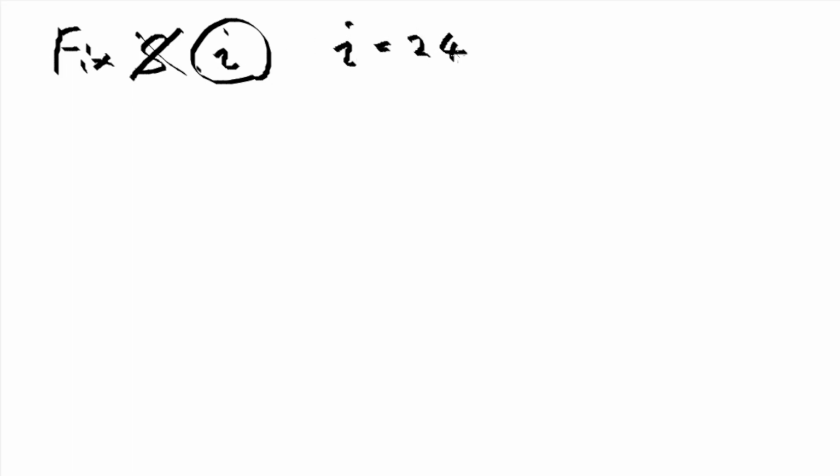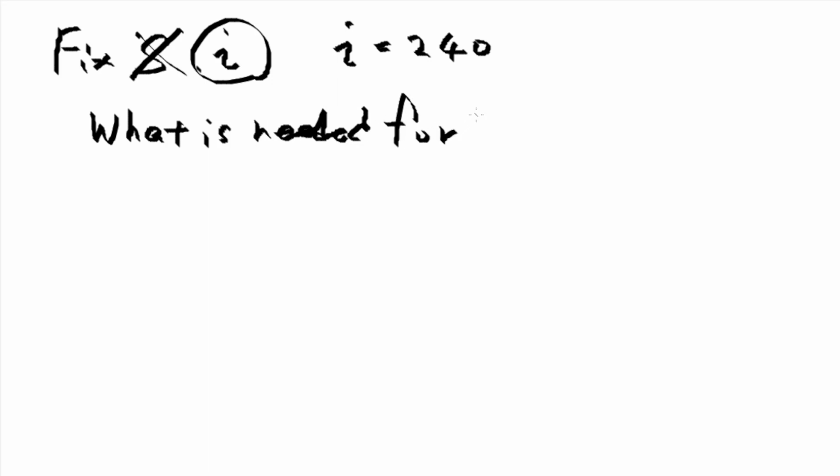We fixed S and i in the previous way, but now we only fix i. Take an example of i equals 240 and think about the requirement for j. What is needed for j?